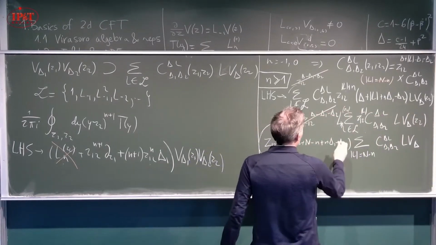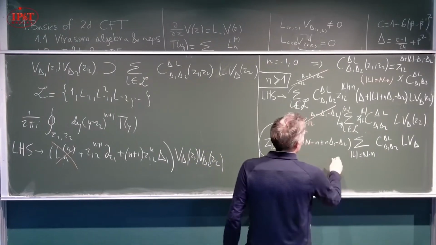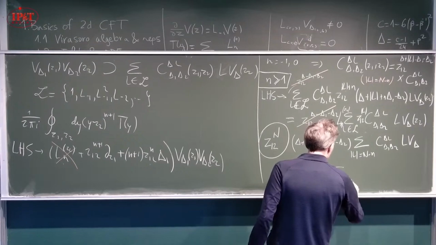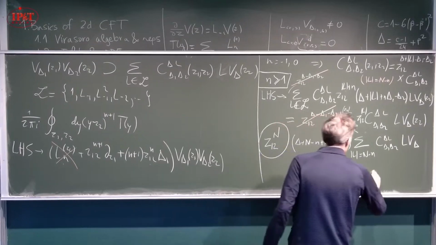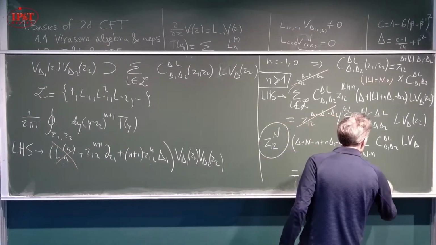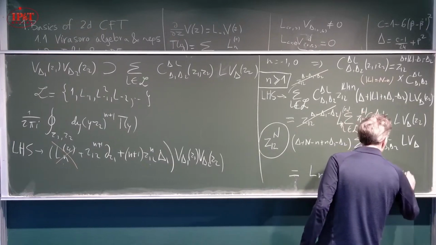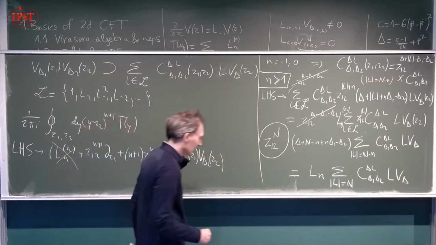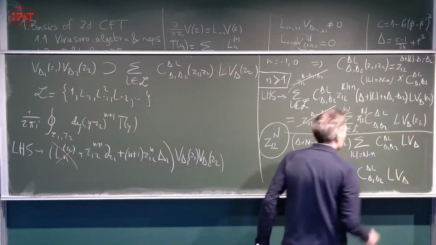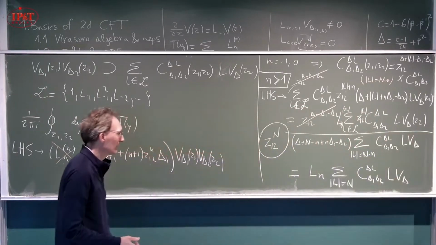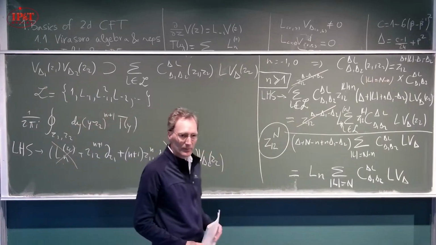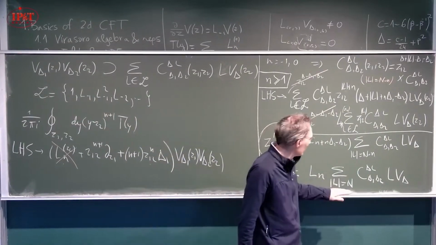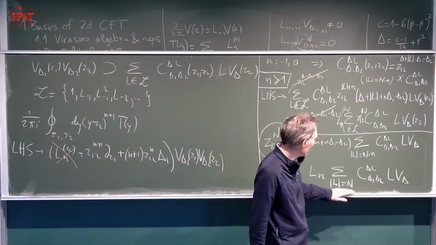On the right-hand side, it's L n acting on a sum at the level n now. So basically we get an equation which tells us what happens if we act with L n on this combination of states at a given level.